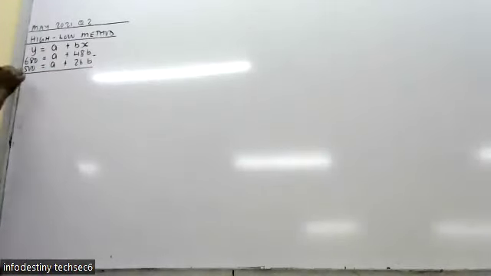So this is 180 equals 22b. So b is equal to what? 180 divided by 12.